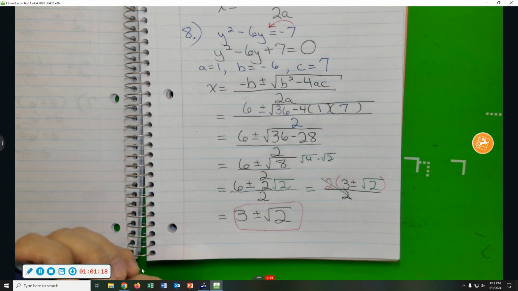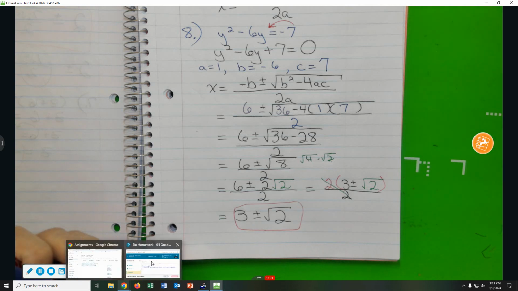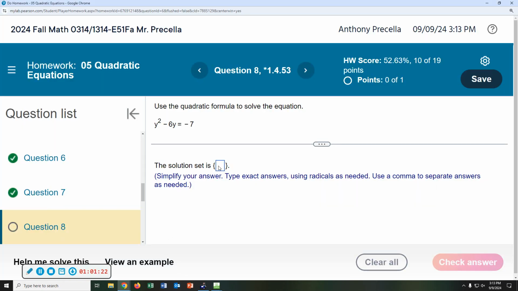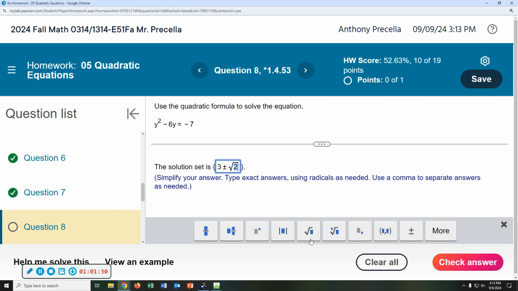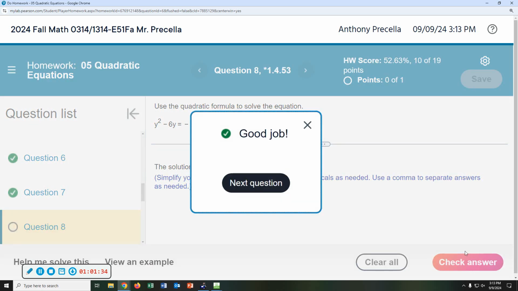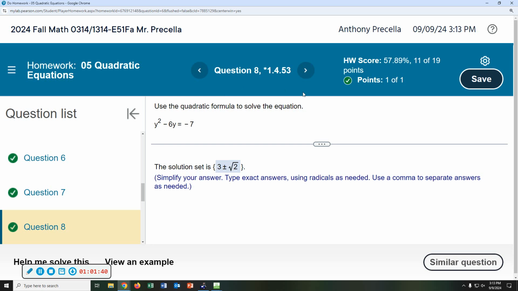So let me top that in: 3 plus or minus the square root of 2. Any questions there? I think starting with number 8, every one of them is quadratic formula from here on. Number 9.